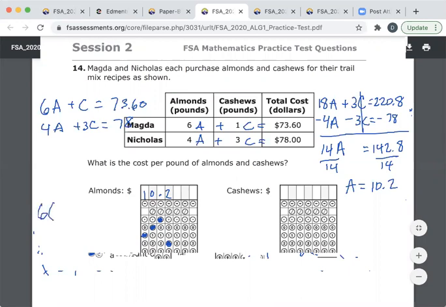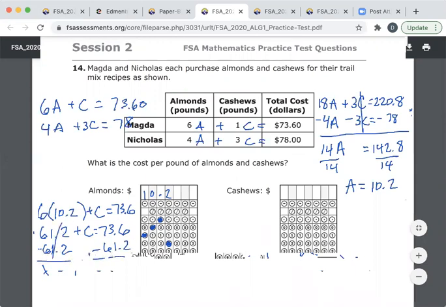So 6 times A, which is 10.2, plus C equals 73.6. 6 times 10.2 is 61.2, plus C equals 73.6. Then I'm going to subtract 61.2 from both sides. So this cancels out and C is equal to 12.4. So C for cashews is 12.4.